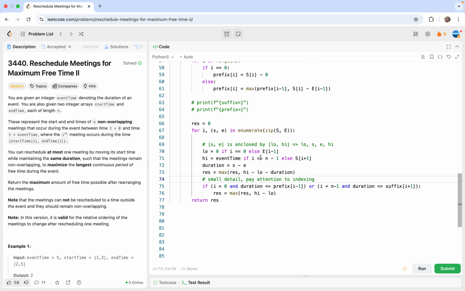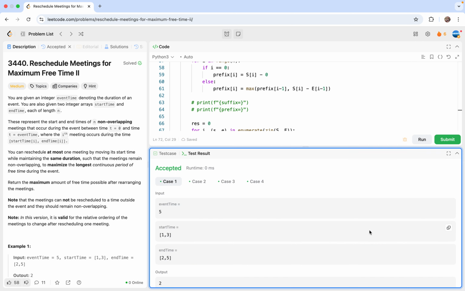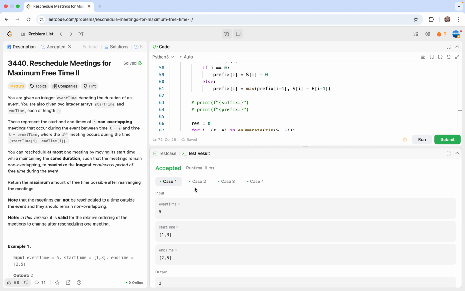And then let's look at the iteration. So we have this, and then low is this, and then E i minus 1, and high is event time if i equals n minus 1, and otherwise the next start. Then duration is E minus S, right? So this will be right. Yeah, it passes the 4 test cases.